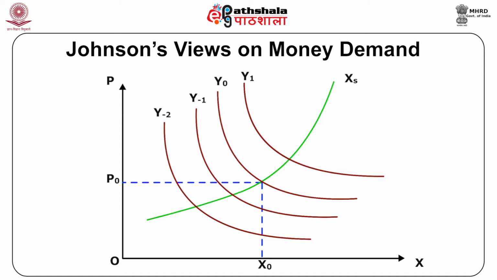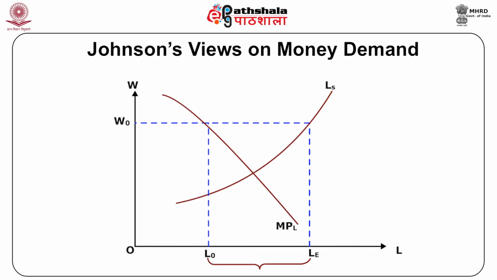The equilibrium price level and the output level are given by the intersection of the supply curve with the real output curve. In the figure, we can see the real wage earned by labor, that is the marginal productivity of labor, and the relation between real wages earned by labor and the quantity of labor employed, which is equal to its marginal product and hence shown by the MPL curve or the demand for labor curve.